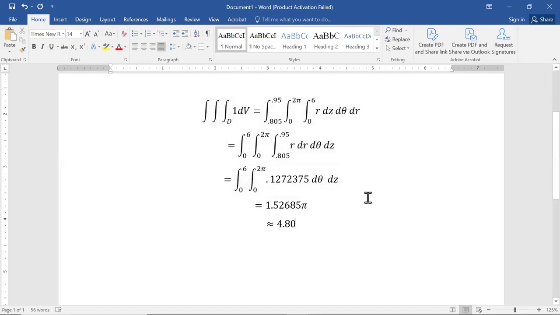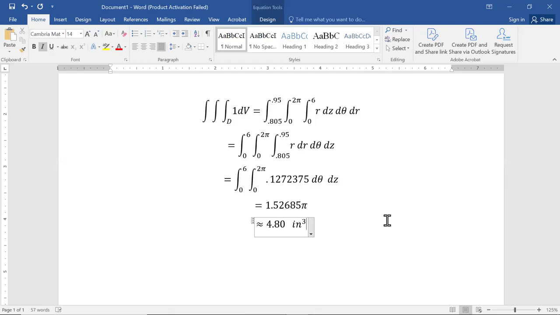So about 4.80 cubic inches, excuse me. So that's the volume of a 6-inch length of Schedule 40 PVC that is 1.5 inch Schedule 40 PVC.